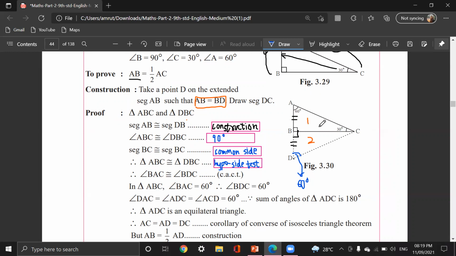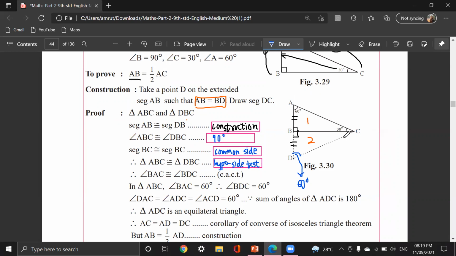So instead of the two small triangles, if we consider the big triangle ADC, in that triangle angle DAC is already 60 degree. We already know that angle A is 60 degree, and angle ADC has also now become 60 degree. So what will the third angle be?